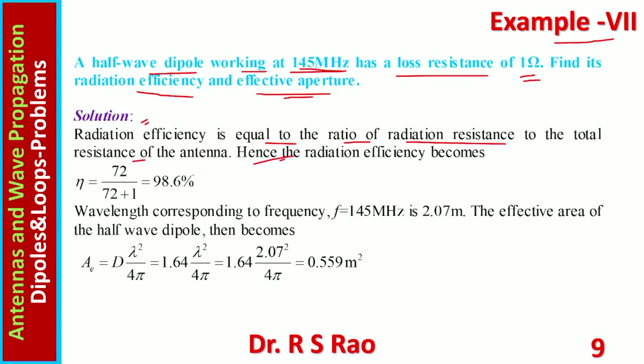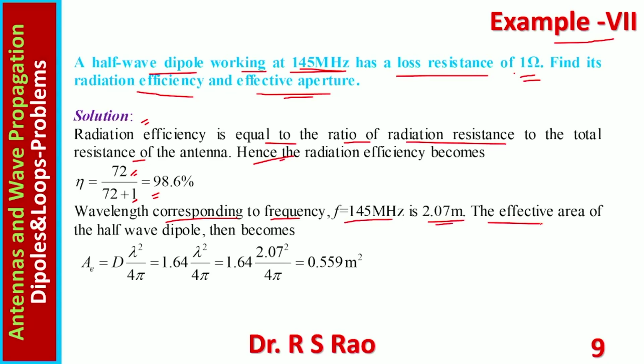Hence, efficiency is eta equal to 72, radiation resistance, by 72 plus 1. 1 is loss resistance. It gives efficiency as 98.6%. Wavelength corresponding to frequency 145 megahertz is 2.07 meters.